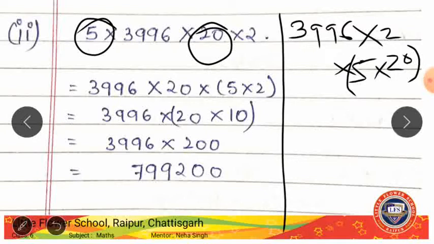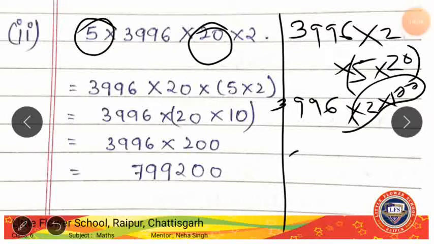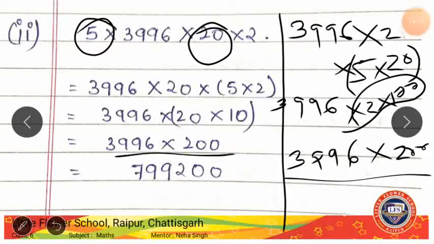So our number will be 3996 into 2 and into 5 2s are 10 and a 0, right? So again now this will solve. 3996 into 2 into 100 is 200. We got the same step here.